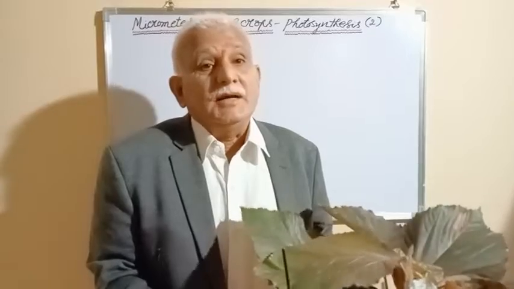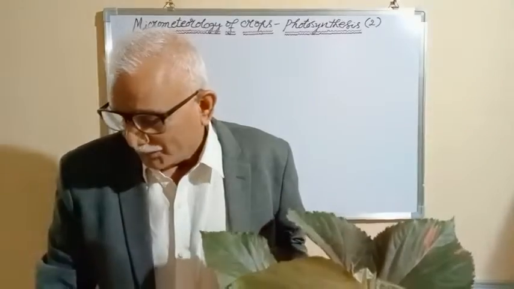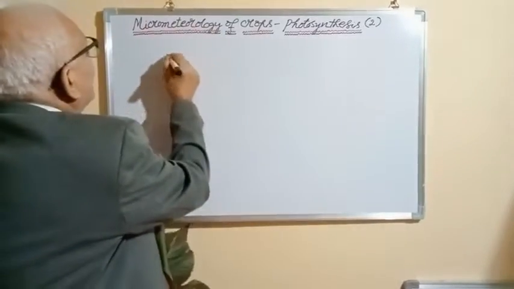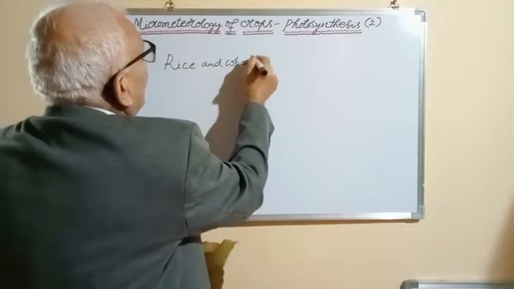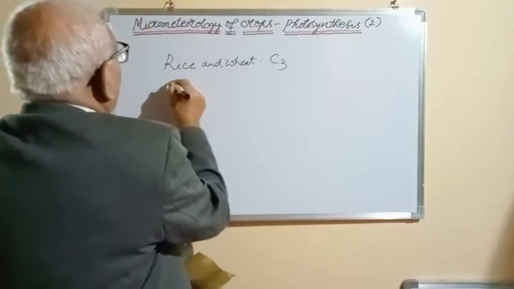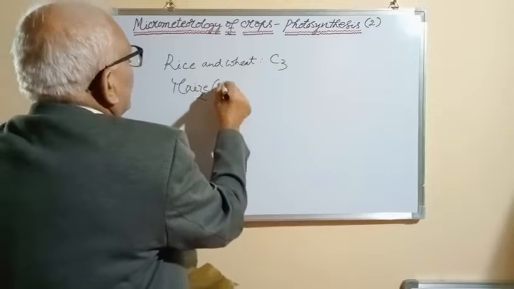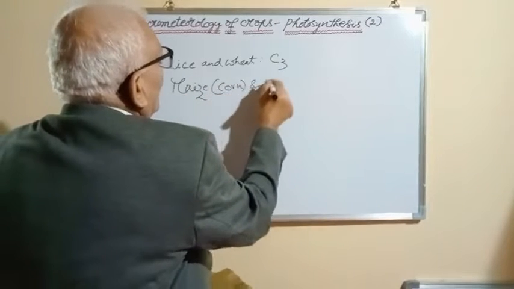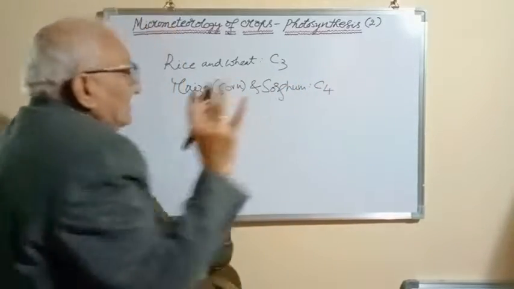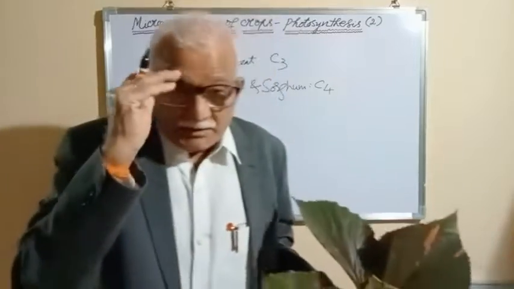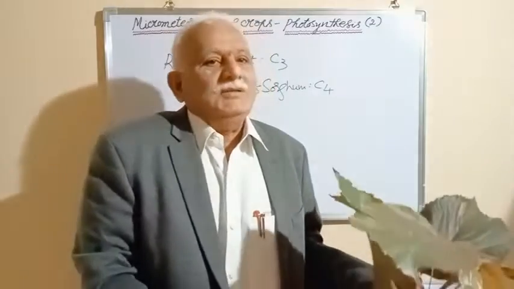Why we are interested in C3 and C4 crops is that rice and wheat are C3 plants, while maize, that is corn, and sorghum are C4 plants.